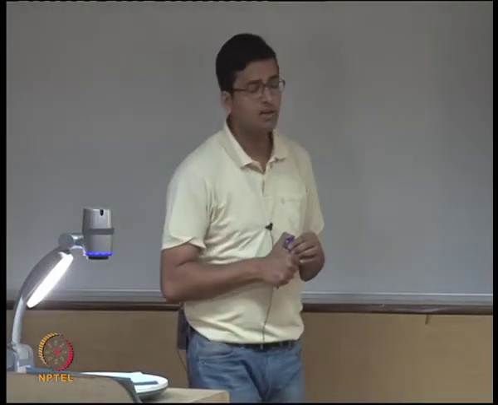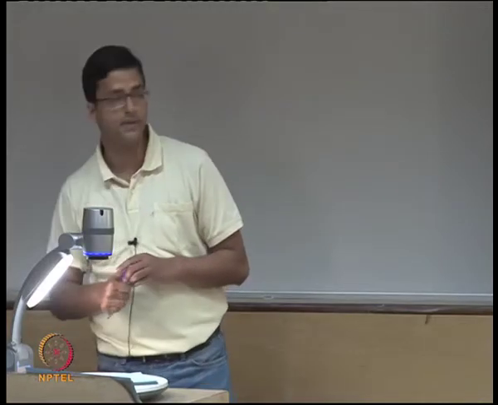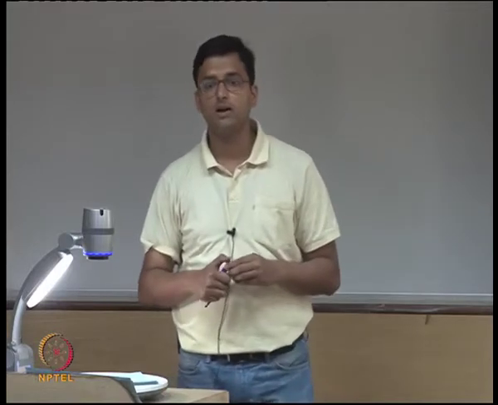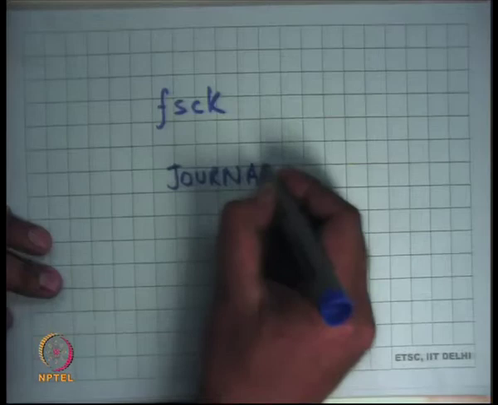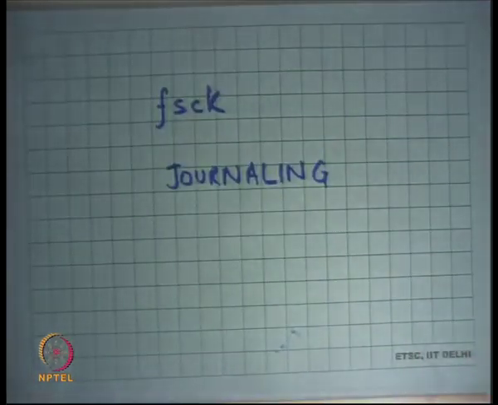The other thing to do is something called journaling, and we're going to discuss what it means. Journaling basically ensures that your updates to the file system are atomic with respect to power failure.